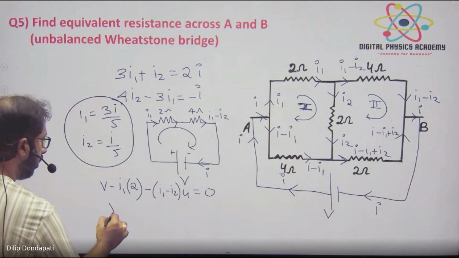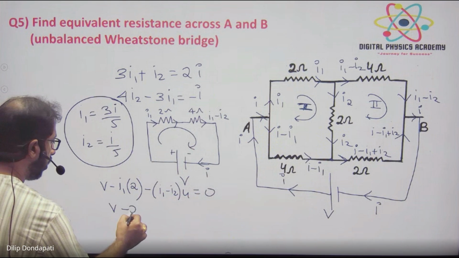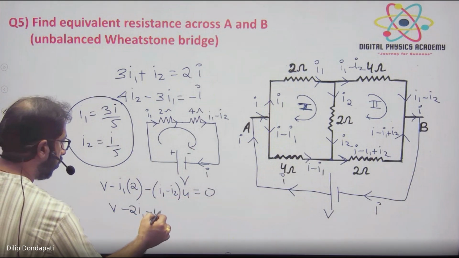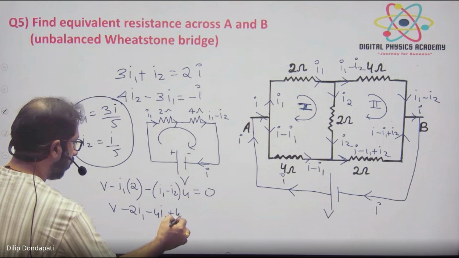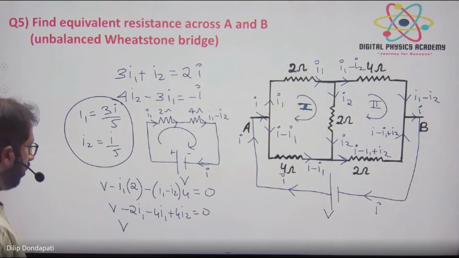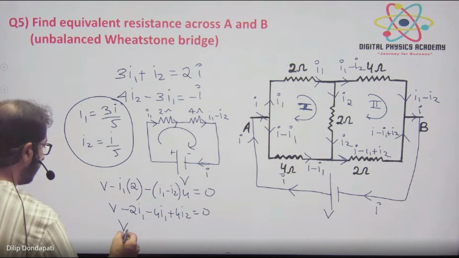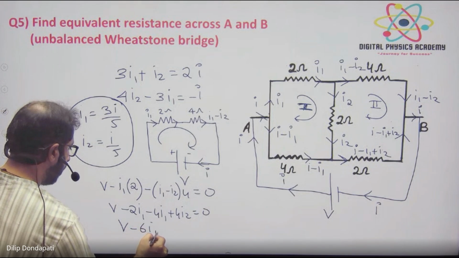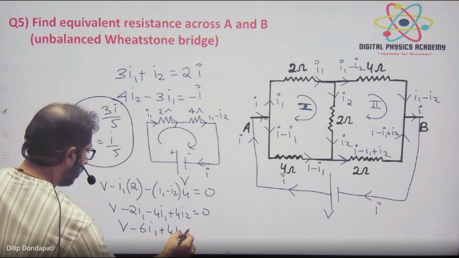So V minus 2I1 minus 4I1 plus 4I2 is equal to 0. So V minus 6I1 plus 4I2 is equal to 0.